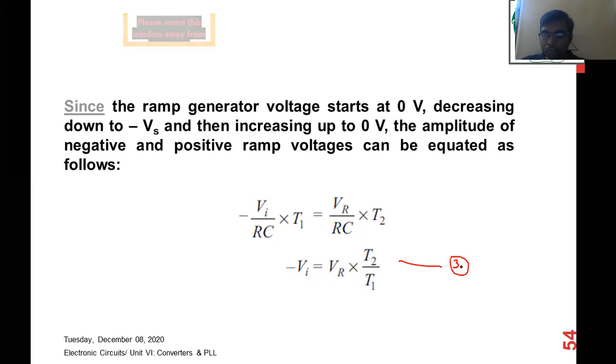Also the contents of the 4-digit decade counter at the end of conversion reflect the variable time period T2. In this way we perform analog to digital conversion with the help of the dual slope ADC.